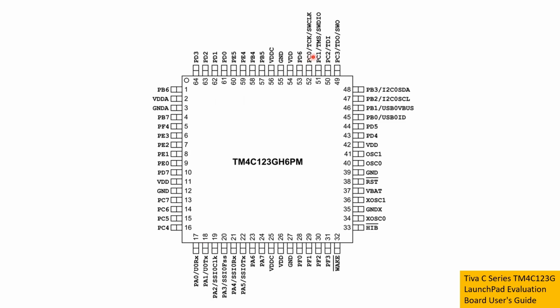But it can also function as a TCK. What TCK stands for is test clock. Or it could function as an SWCK, that is a serial wire clock. So there are three possible functions here. This is where the alternate function select register comes into play.